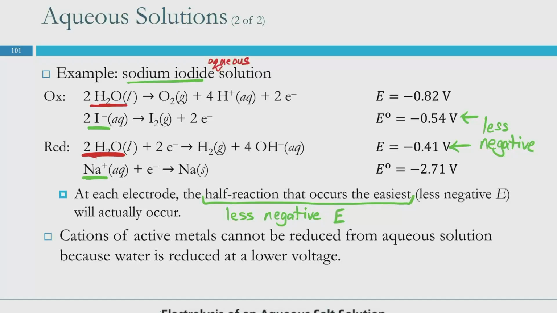So if we have what the slide here is calling active metals, cations of active metals, sodium would be an active metal, they can't be reduced from an aqueous solution because the water is going to be reduced first at a much lower voltage.